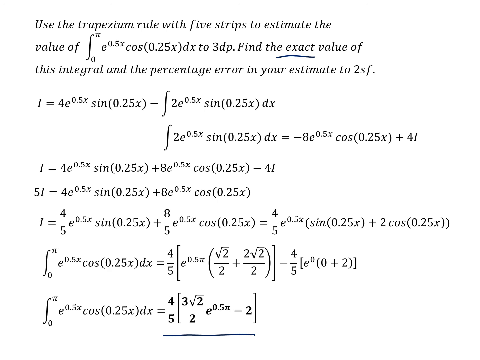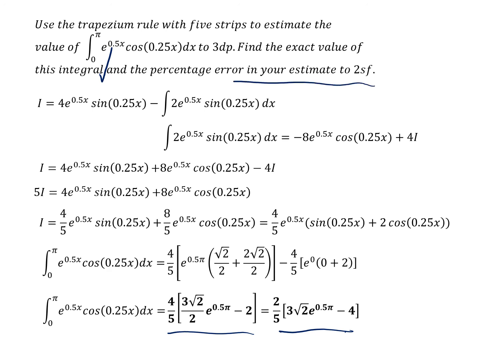I don't like having two denominators here, so I'm going to express 4 as 2 times 2, and then multiply one of these 2's into the bracket, and then I get that expression, which, if you multiply this out, is the same as that. Okay, so that's the answer to the part where we've got to find the exact value of the integral.